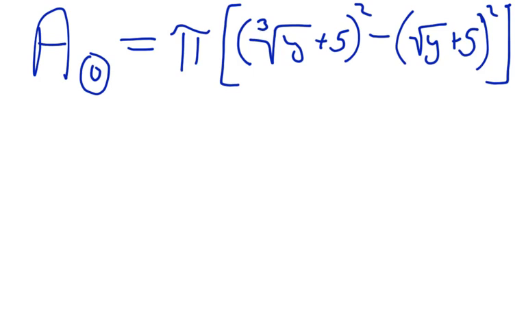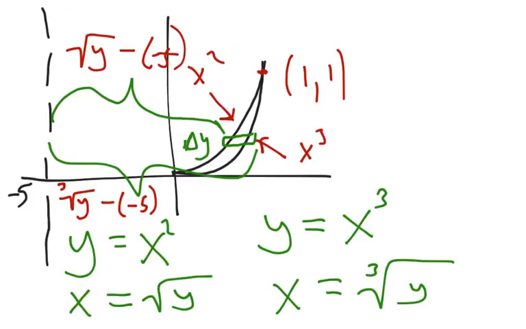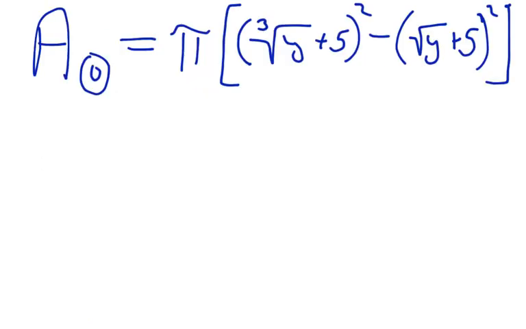The last thing we need to remember to do before writing the volume integral is to figure our upper and lower limits of integration. Keep in mind that we're integrating with respect to y, so along the y-axis, and so we're looking along the length vertically here, going from the x-axis, which is y equals 0, all the way up to the point of intersection here, which has a y value of 1.